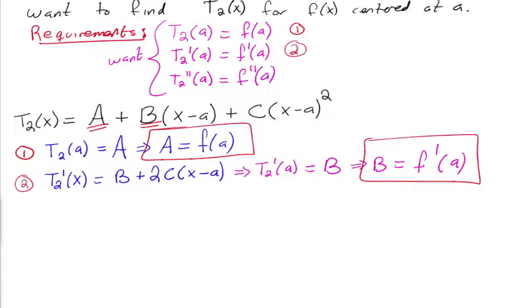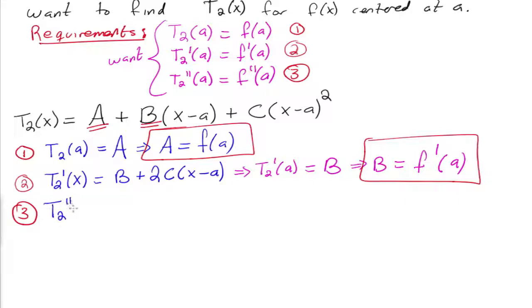Oh, the only reason is because I already knew what T2 of x was, but I hadn't found T2 prime yet. So I have to find it first. It's the same thing with the third requirement. I don't know what the second derivative of T is, so I have to find it first, just like I did for T2 prime.